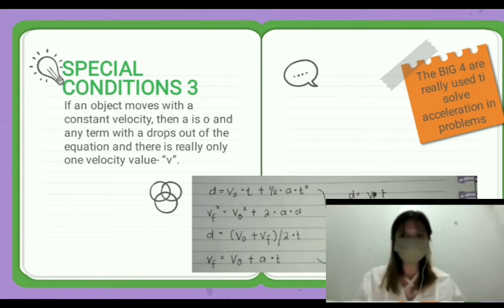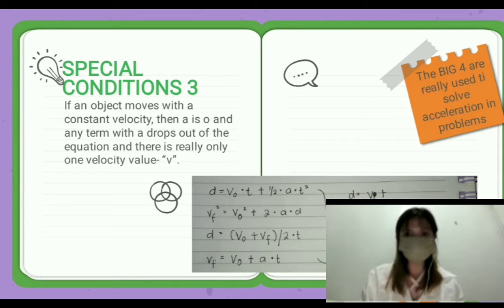You'll also notice that the second and the fourth equations are not useful at all. You don't need to know physics in order to tell that the final velocity is equal to the original velocity when it's not changing.